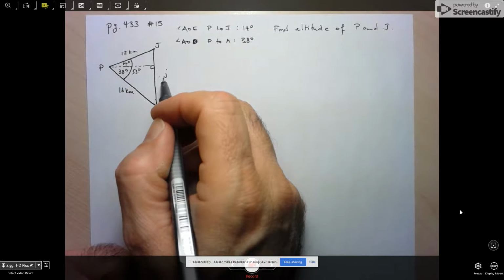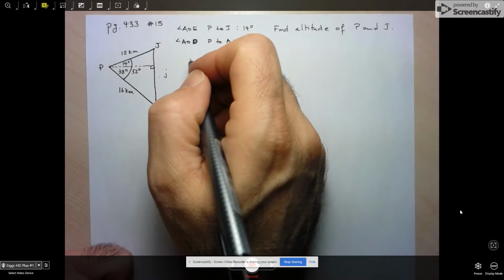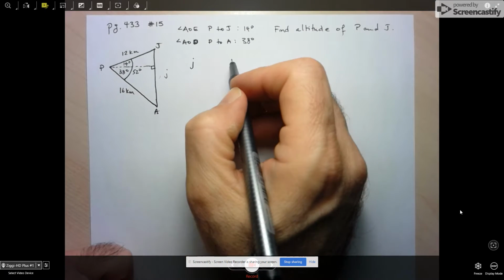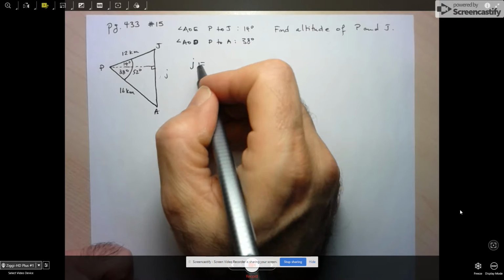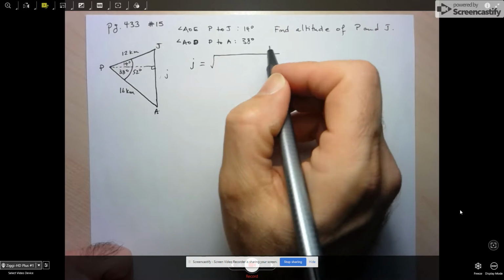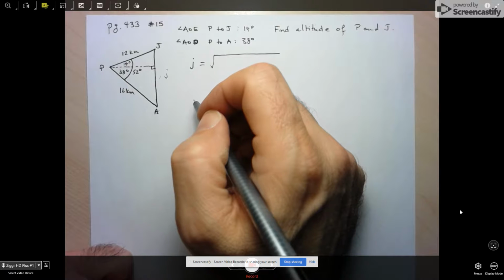Now I can solve for this side here, which I'll call J. We know the formula has J squared equal, but if I want to solve for J, I'm going to have to take a square root of all that. If you're comfortable going to this step right away, you certainly can. Just make sure you don't make any mistakes.